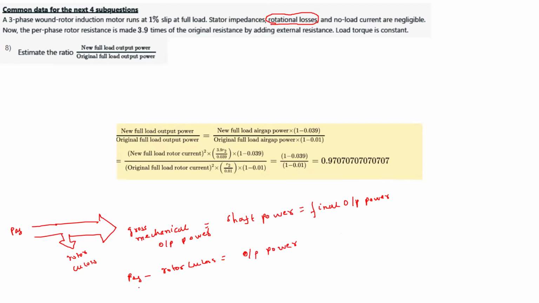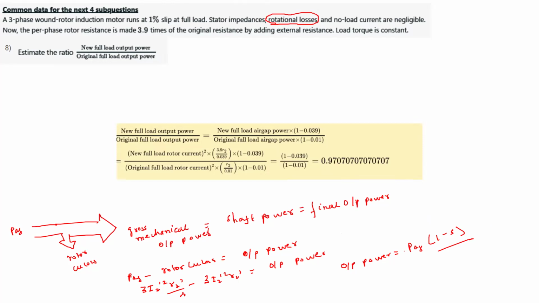Now what is air gap power? It is 3 I2'^2 R2' by S minus 3 I2'^2 R2', and this is equal to output power. So output power is equal to air gap power into 1 minus slip.